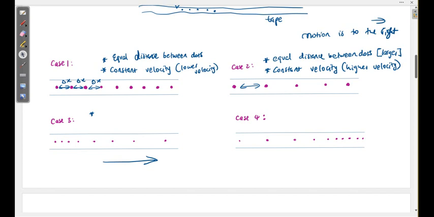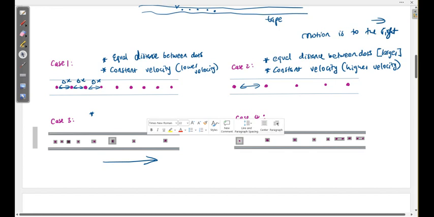As it is going in this direction, is the space between the dots getting larger or smaller? The motion is to the right. So it's moving from small to larger. They're becoming larger.